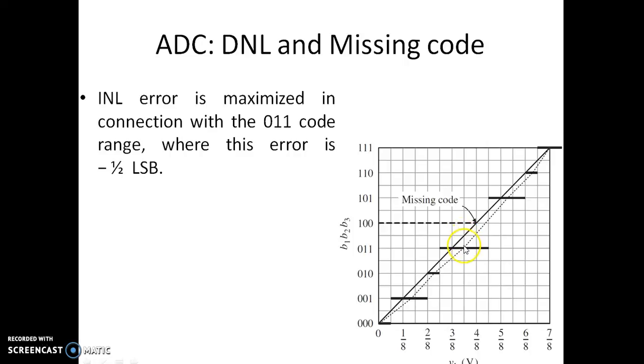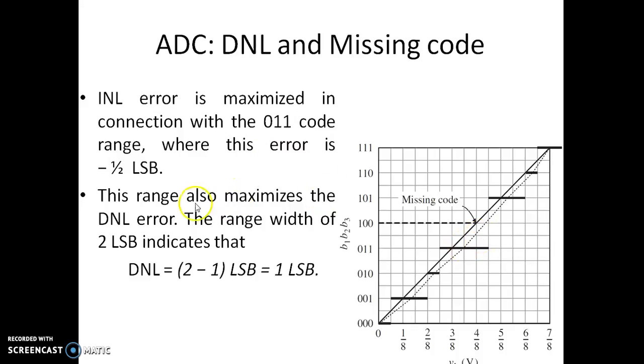So here exactly the deviation is more. You can see here the deviation is less at a given input voltage. The deviation is maximum only for this 011 code. For 011 code, you can see there is a maximum deviation. So this error is actually almost half LSB. Now you can see this is half LSB here.